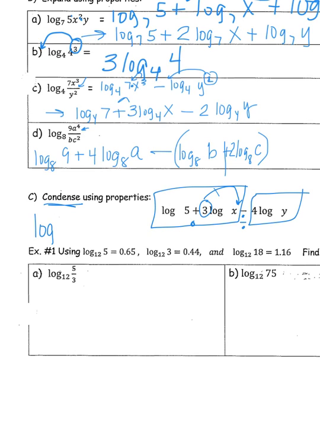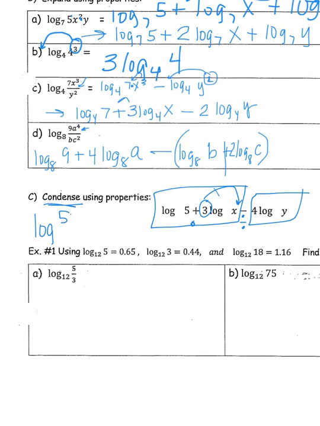There is no number for the base, so this is actually called base 10. Your calculators are programmed in base 10. So you can write the 10 down below, or you can not write the 10. So I'm just going to go ahead and erase that. The 5 is going to be multiplied by the x to the 3rd power.